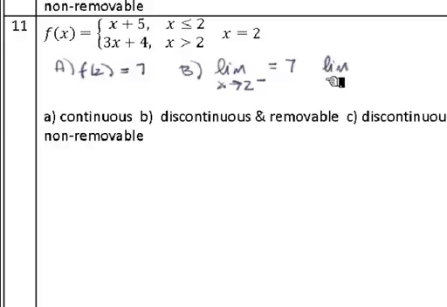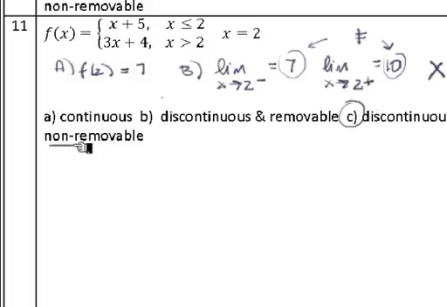The limit as x goes to 2 from the right, substitute in 2 here, and we have 10. These are not equal. Okay, so the limit does not exist. So B is not true. That means discontinuous, and since B is not true, non-removable.